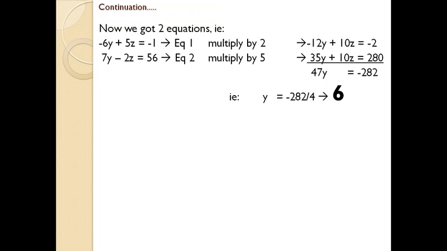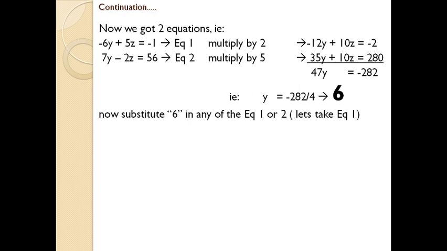Now we can substitute this 6 in either equation 1 or equation 2. For the time being, I am selecting equation 1. When I substitute 6 in 6y + 5z = -1, it becomes 36 + 5z = -1, and by solving that you will get z = 7.